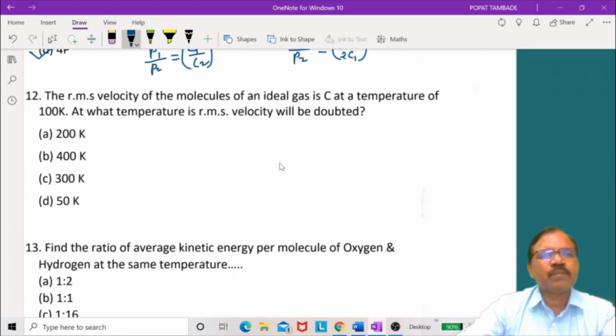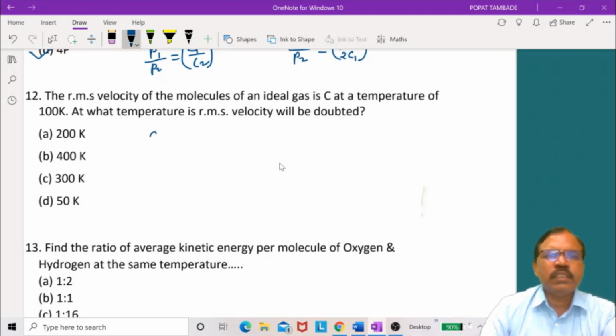Now next one. The RMS velocity of the molecules of an ideal gas is C at a temperature of 100 degree Kelvin. At what temperature is the RMS velocity double?